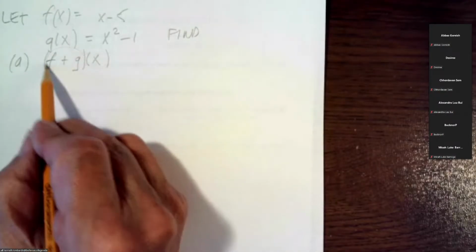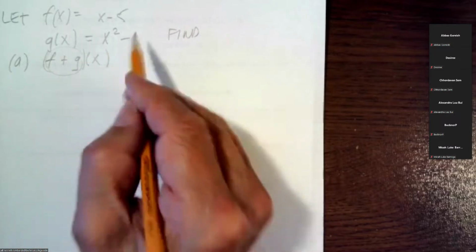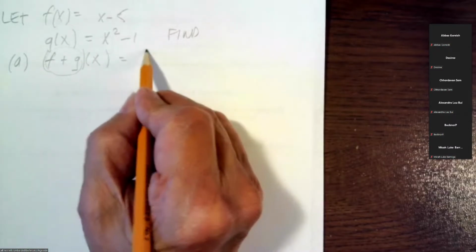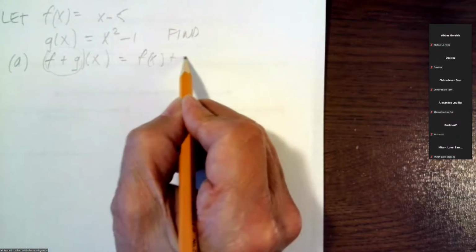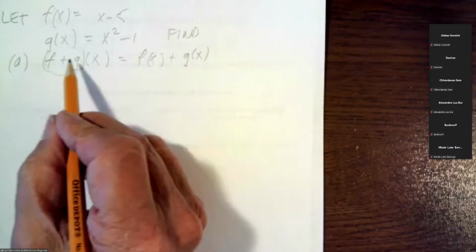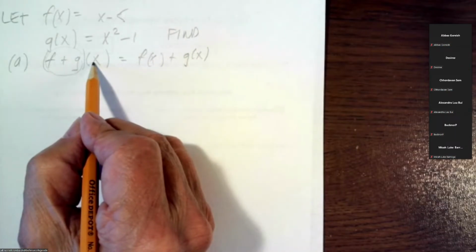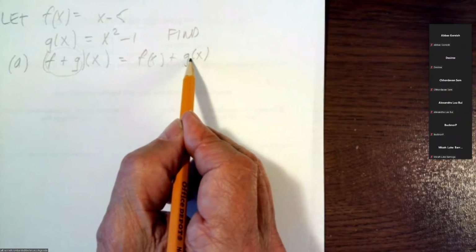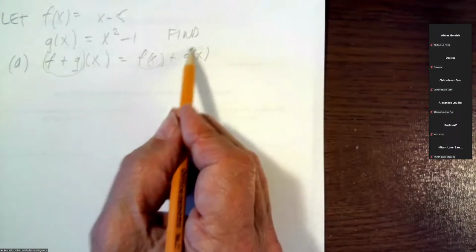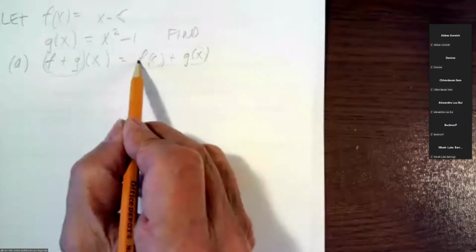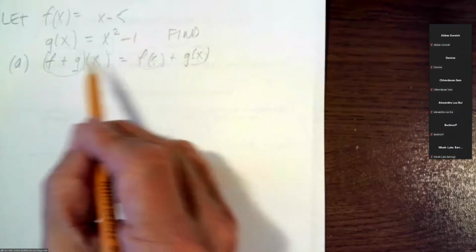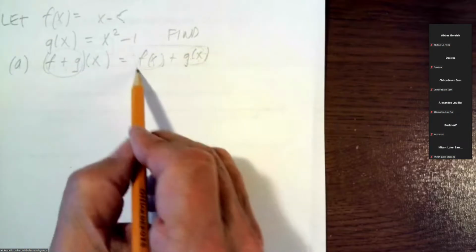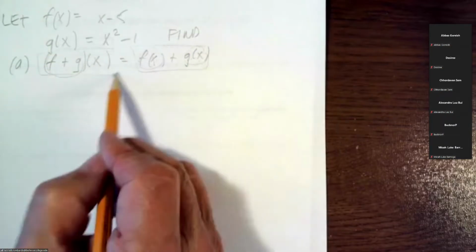This just says take f of x. So that's really equal to f of x plus g of x. We're taking x evaluated at f and adding it to x evaluated at g. Two different functions. And we can represent it this way, or we can represent it this way.